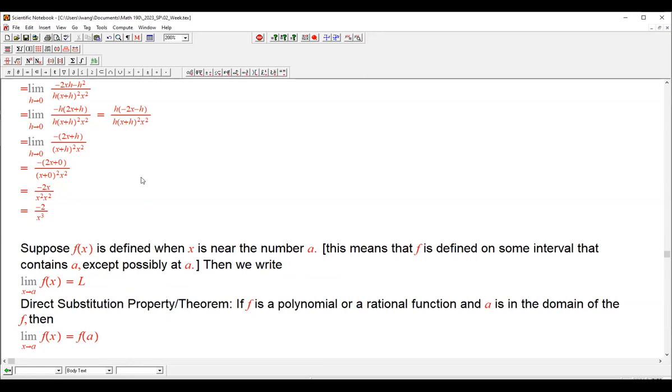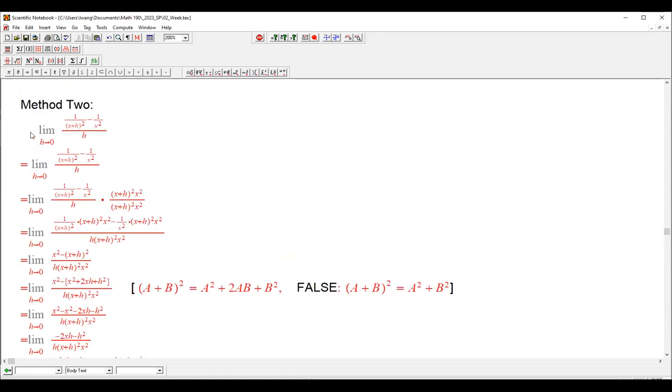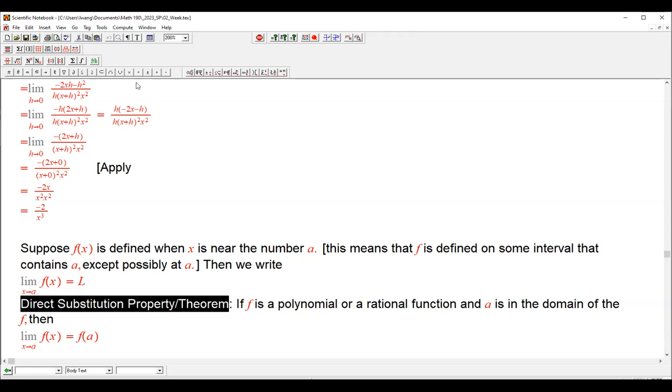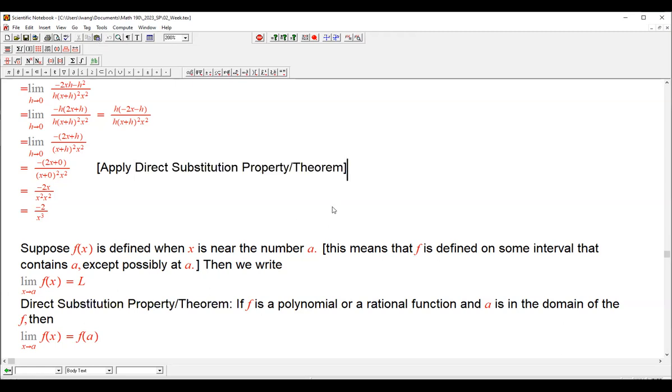On all of these places, if you started with this limit, you have to attach the limit all the way until you have a reason to drop it. And here's the reason, of course: apply the direct substitution theorem.